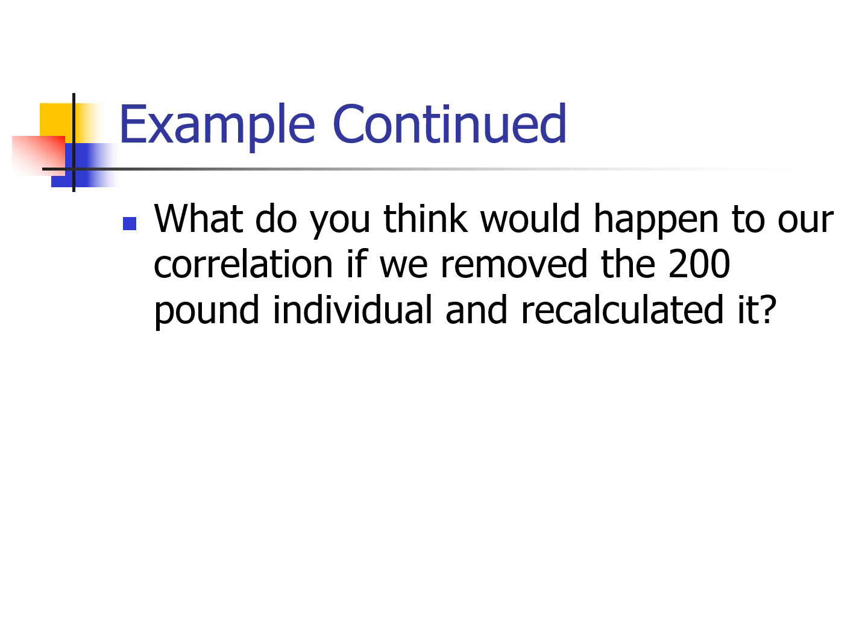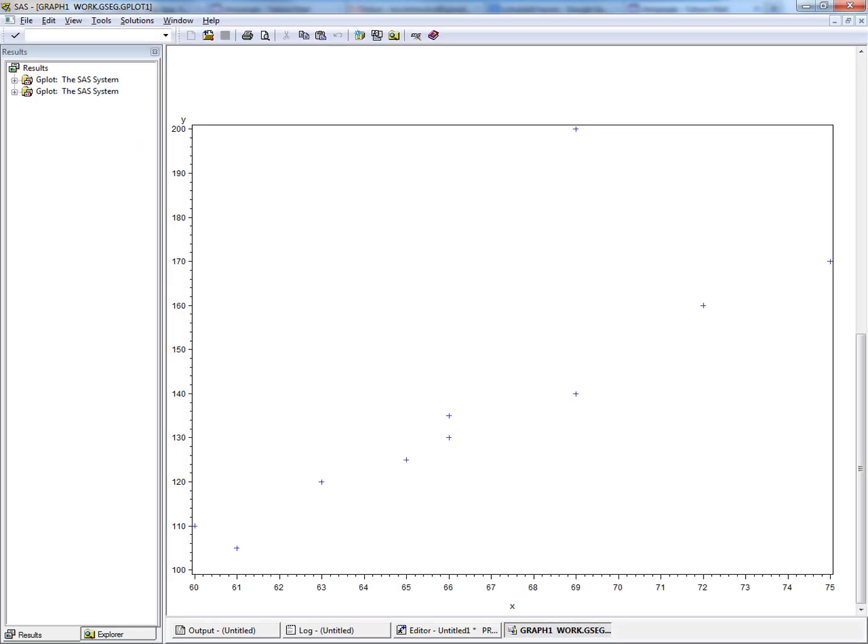So let's go ahead and look. There it is, that point that I'm talking about. Imagine if that point wasn't there. How would that change the correlation? So with that point there, it's 0.8. If that point goes away, is the correlation going to change?